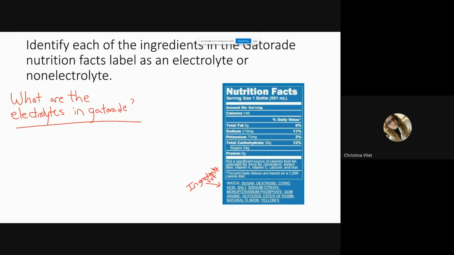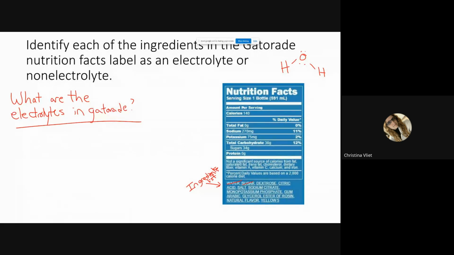All right, so is water an electrolyte itself? Yes or no? Is water itself an electrolyte? It's covalent. Sugar and electrolytes.